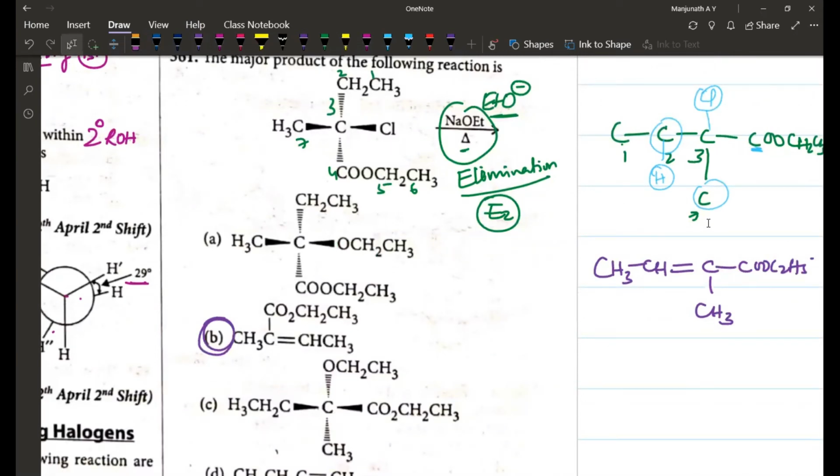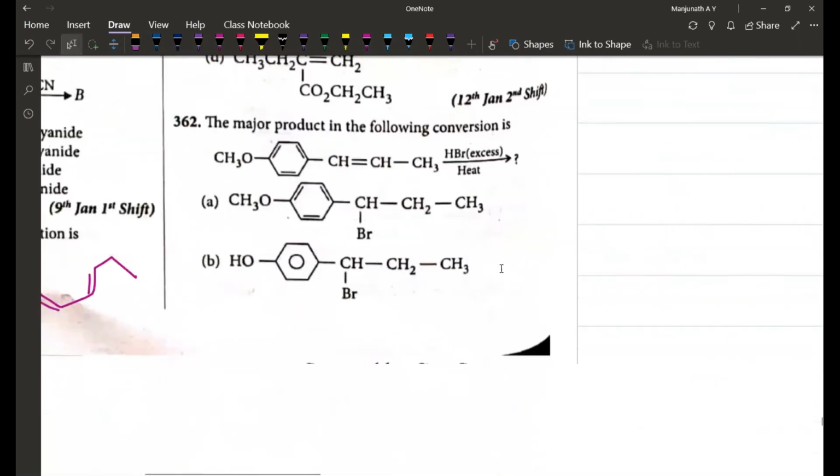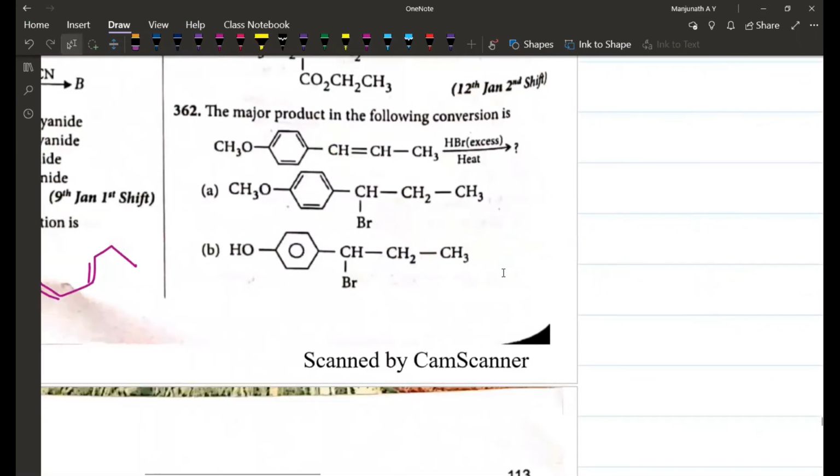Yes, sir. Chalo, let's go ahead. Yes, here you see again, based on the reaction mechanism, the major product of the following conversion is with HBr in excess. So obviously it is addition of HBr. Okay, don't get confused. It's just an addition of HBr. But there is one ether also.